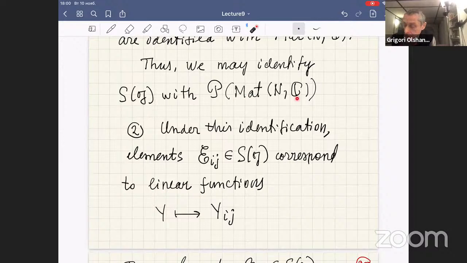The simplest polynomials, these linear functions, are just the entries. The ij element is just the function which assigns to an element y from here its ij entry.